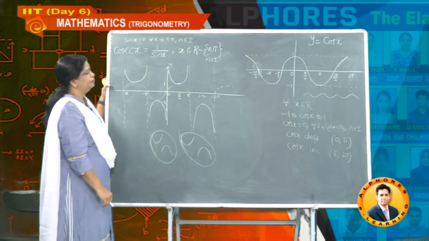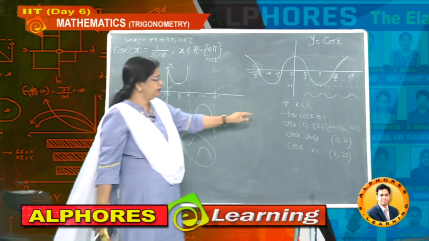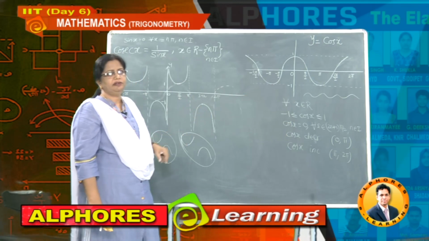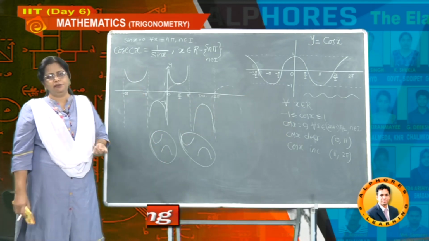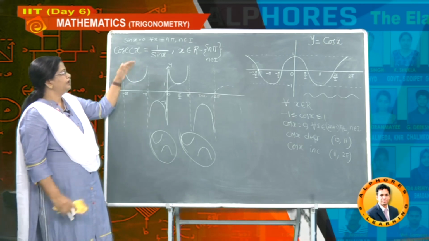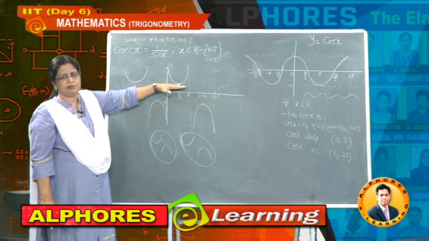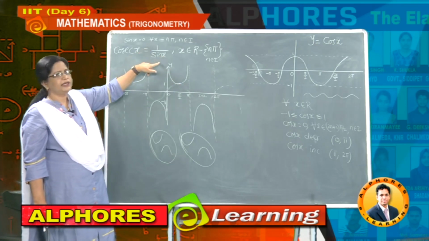And next one here, how cosecant is taking values. Here cos is taking values between -1 and +1, sine also taking between -1 and +1. Then what type of values is cosecant taking? Observe here, 1 it takes, because if you put x equal to 90 degrees, 1 by sine 90.